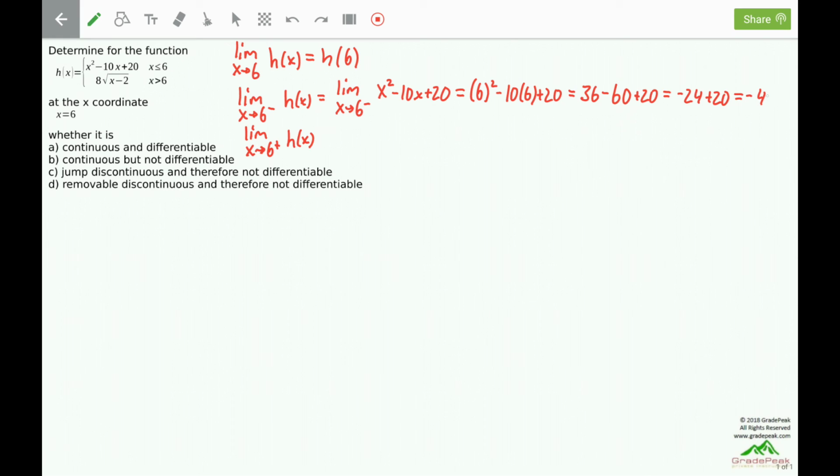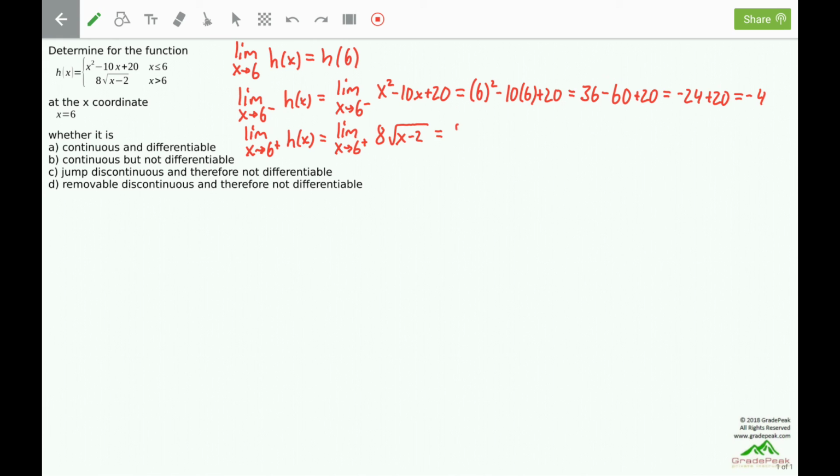Now let's work out the right-sided limit of h of x. The right side of 6 is greater than 6, so we will use this expression for h of x. And we have 8 times the square root of x minus 2.